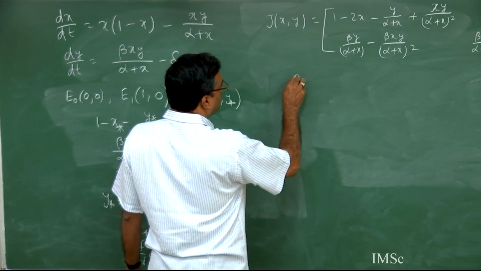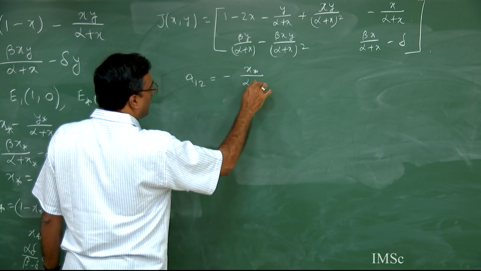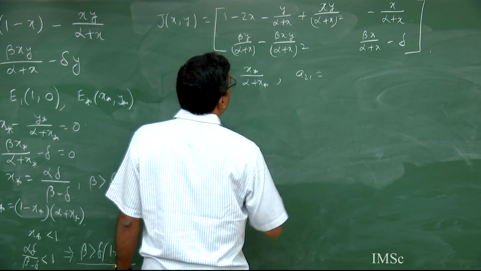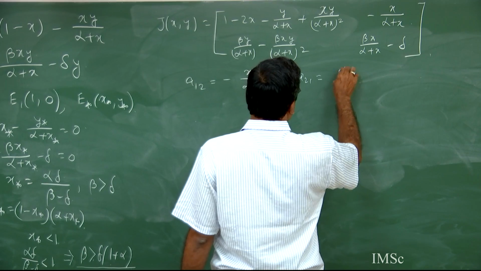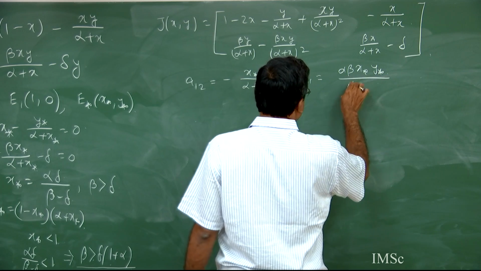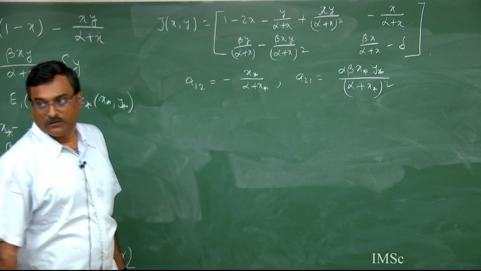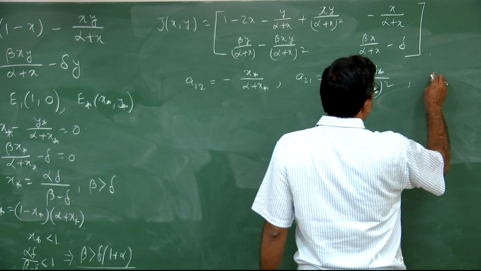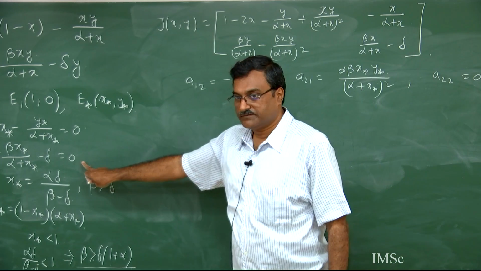Now first of all you can calculate A12, this will be simply x star by alpha plus x star, then A21, this will be equal to alpha beta x star y star divided by (alpha plus x star) whole square. I am not going to simplify them, and A22 is equal to 0 due to this condition.